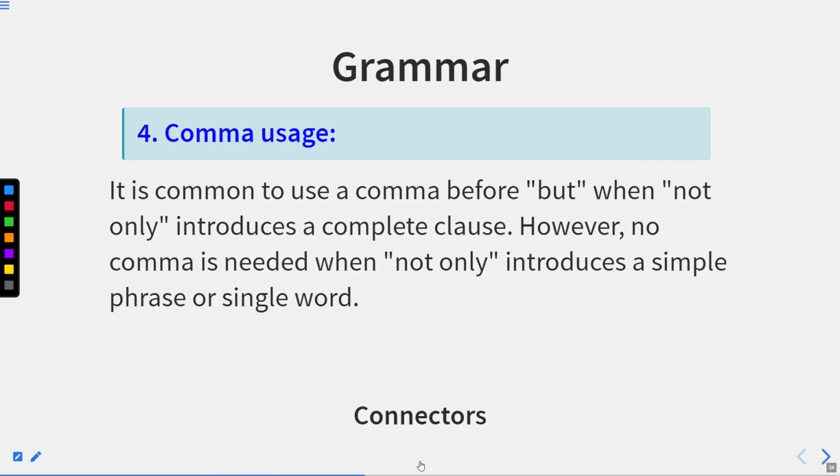Now, comma usage. Well, I have already told you that comma usage is only important in some of the exams, whereas in SSC exams and in banking exams, it is not important at all because punctuation errors are not considered. But there are a few exams where these types of questions may occur. So you should be well aware of the comma usage in these types of sentence structures.